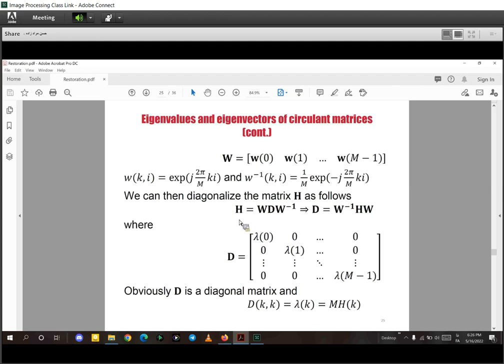We can then diagonalize the matrix H. What was H?